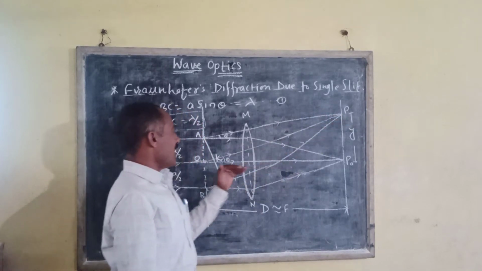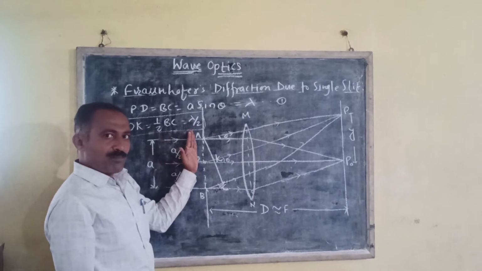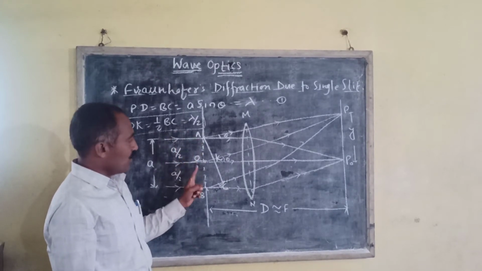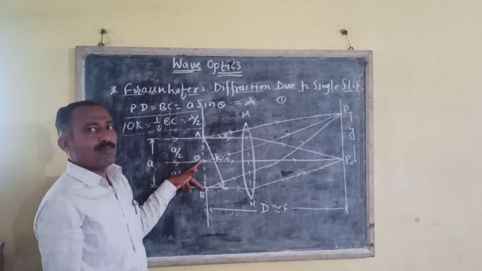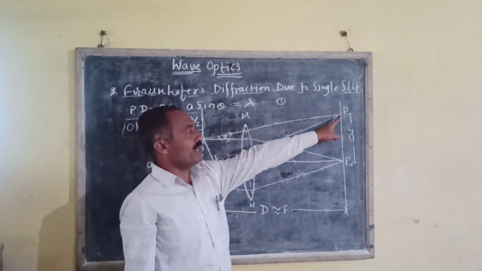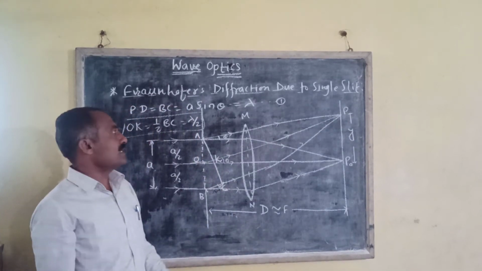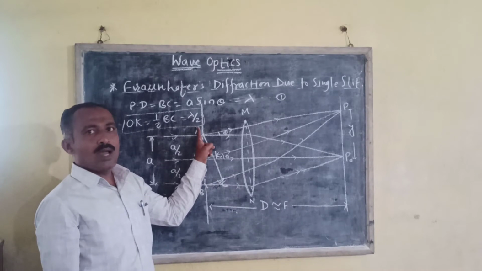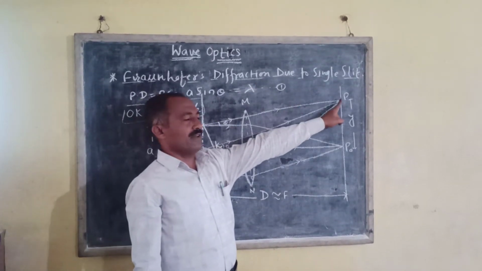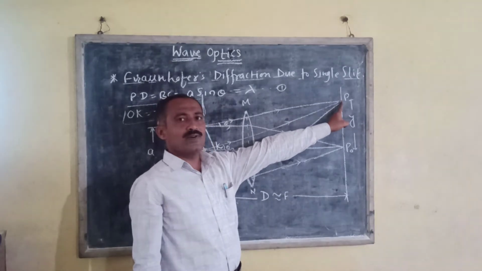Means there are light rays in the upper half which have corresponding light rays in the lower half, at the same distance a/2, reaching the point P out of phase, that is, with a path difference of lambda by 2, and they interfere destructively forming a dark fringe known as the first minima.